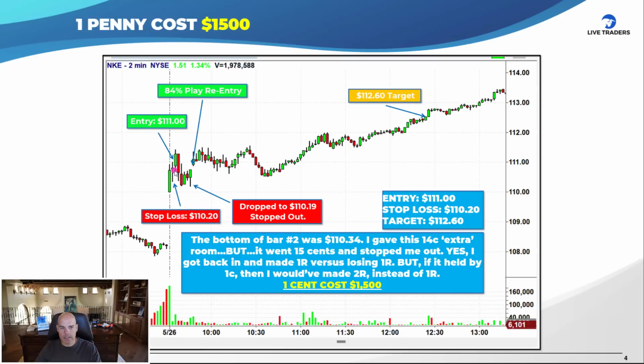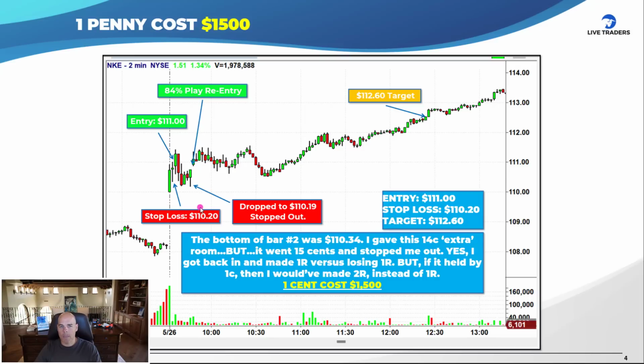Now, in fairness, this isn't really a true 3-bar play because bar number 2 actually went down about 60%. Okay, so the bottom of bar number 2 is actually 110.34, right? So I called this trade at 111 and I took it at 111 and the stop loss was 110.20. And this is important.